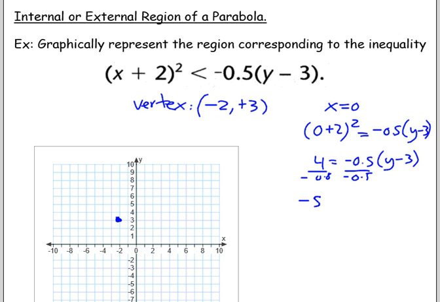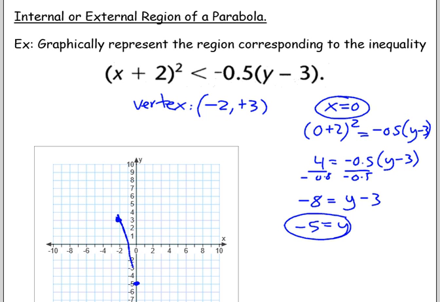So you get negative 8 is y minus 3, and plus 3 plus 3, y is equal to negative 5. So you know that when x is equal to 0, y is equal to negative 5. That gives you an idea of how your parabola is going to look.